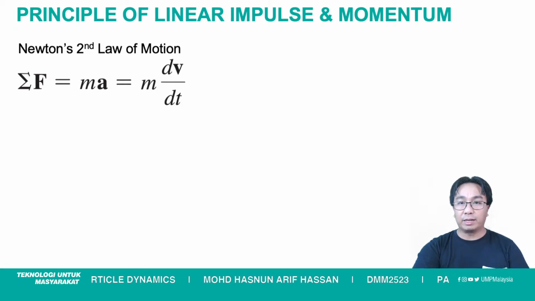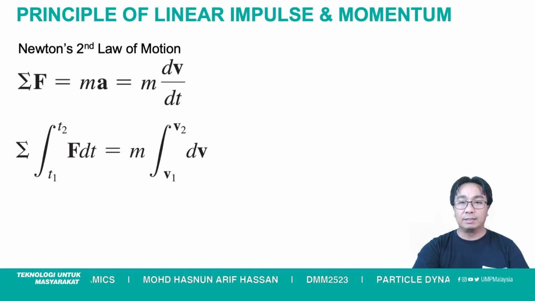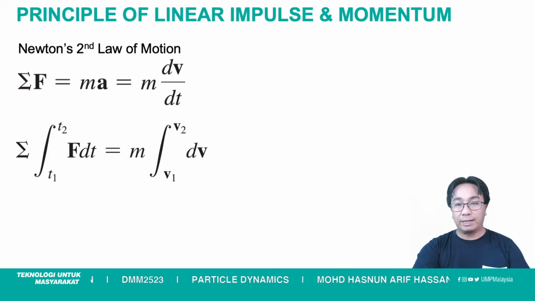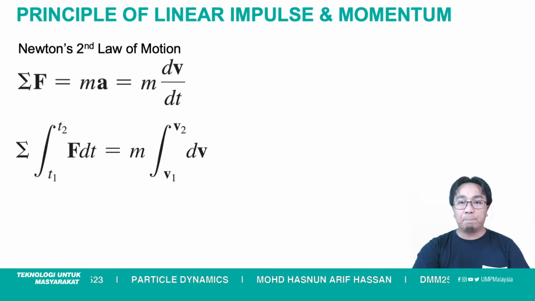So if we rearrange this equation and bring dt to the left, we have F dt equals m dv. To solve this, we can integrate both sides. On the left hand side, we integrate F dt with respect to time from t1 until t2, and on the right hand side, we integrate m dv with respect to the change of velocity from v1 until v2.